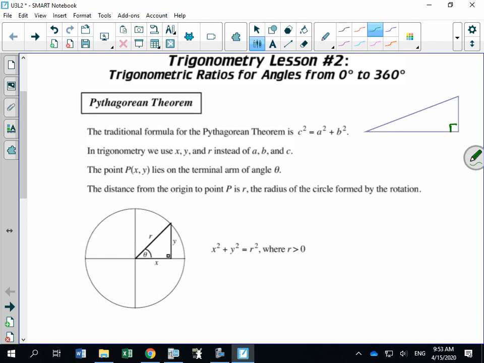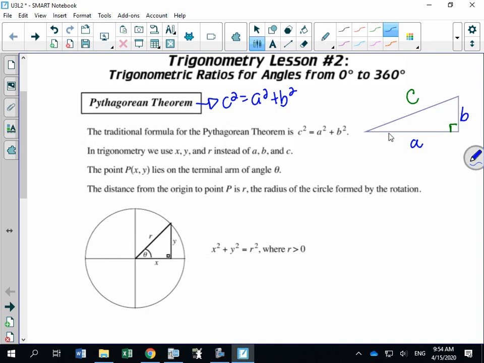So whenever we have a 90-degree triangle, the hypotenuse of that triangle will denote as C, and then the other 2 arms of the triangle I'll call A and B. So if I said, calculate the distance of this hypotenuse, the formula for Pythagoras theorem would be c squared is equal to a squared plus b squared. Okay? And using that formula, you'd be able to calculate the distance of this hypotenuse.